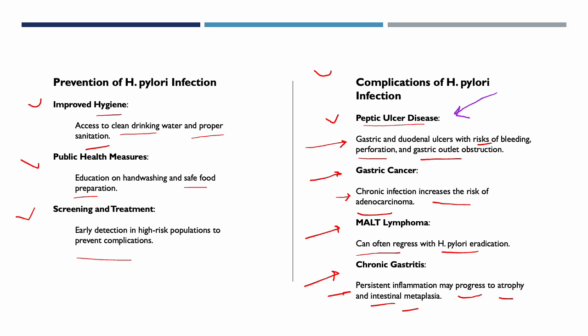For example, melena, so bloody stools, or vomiting blood. Continued erosion can also lead to perforation, leading then to peritonitis, or scarring that can cause gastric outlet obstruction. So whether it's bleeding, whether it's perforation, whether it's obstruction, these are all very, very architectural changes that occur.